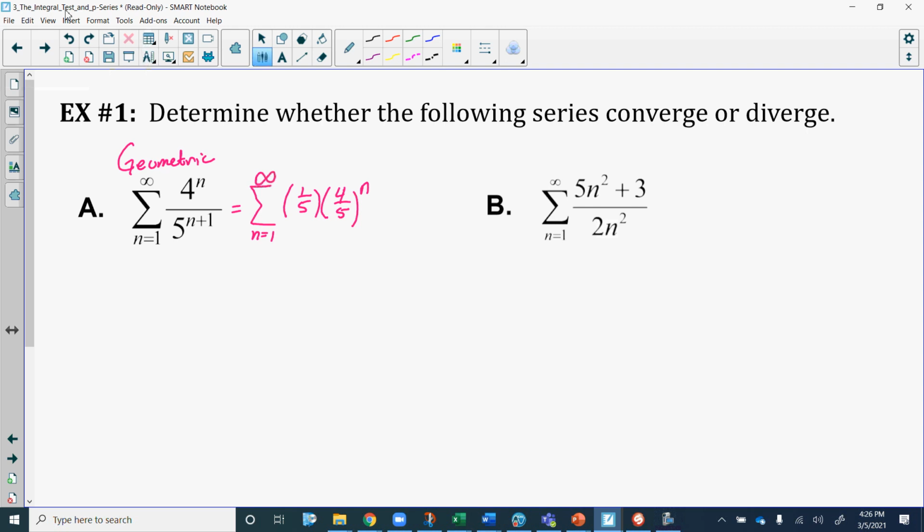So going back to the example, in this case the 4/5 is your constant ratio.